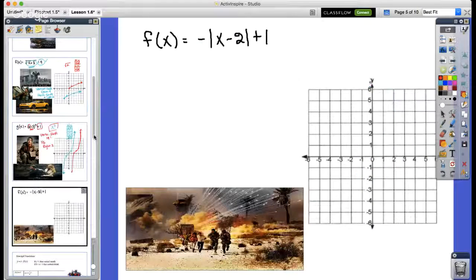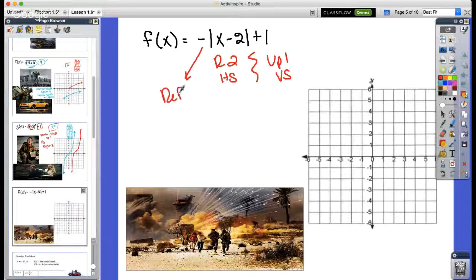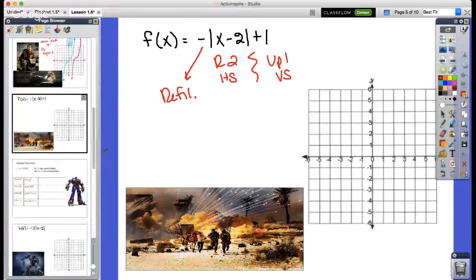Okay? All right, so try this one. Again, this was going to go up 1, right 2. So I like to say, okay, so this is R2HS, which means right 2 horizontal shift. This is up 1 vertical shift, VS, okay? And then the negative is reflected. That's why Coach J was being crazy, because the reflection, okay? All right, so remember absolute value of X, okay?